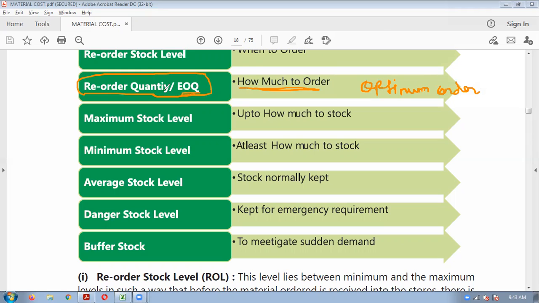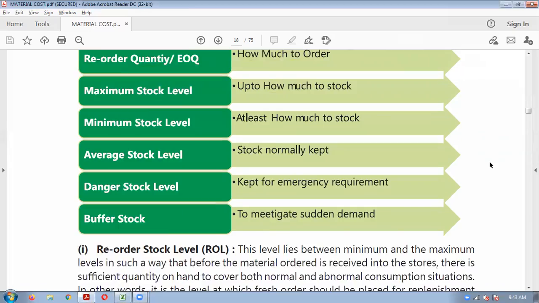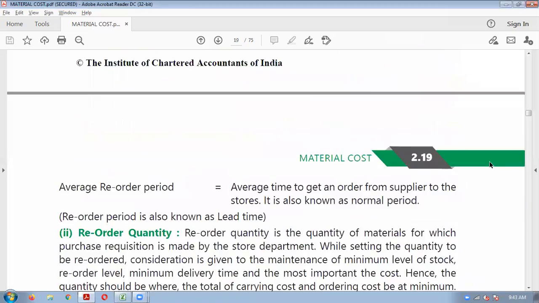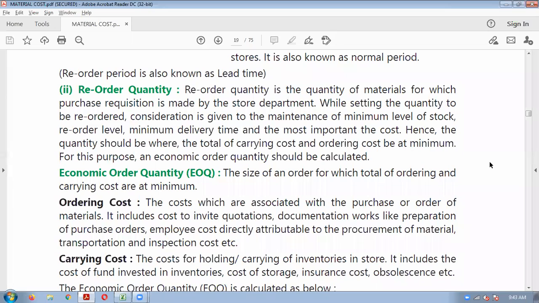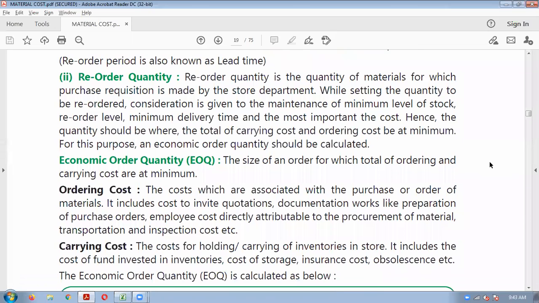This is calculated using a formula, a mathematical technique. We will understand that formula also. Before that, we will first understand what is economic order quantity or reorder quantity.